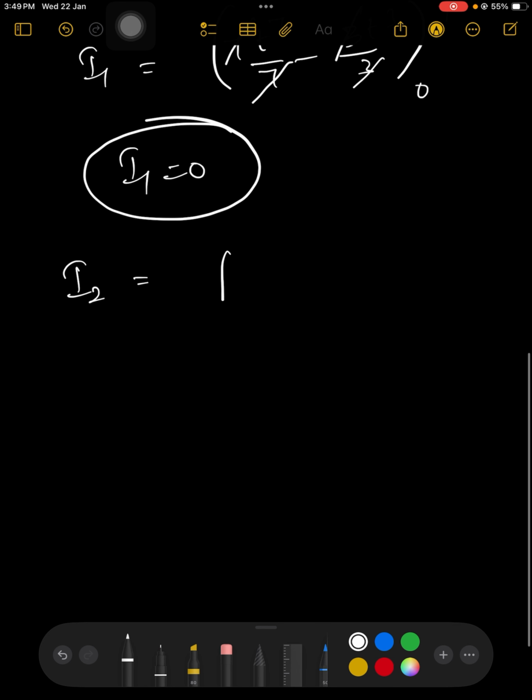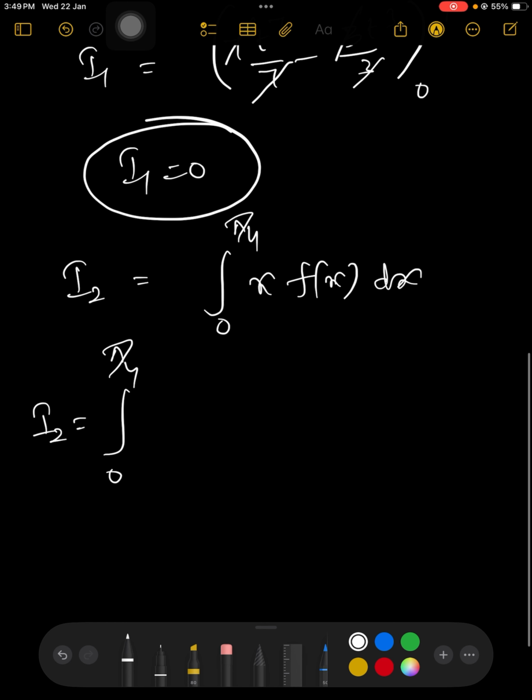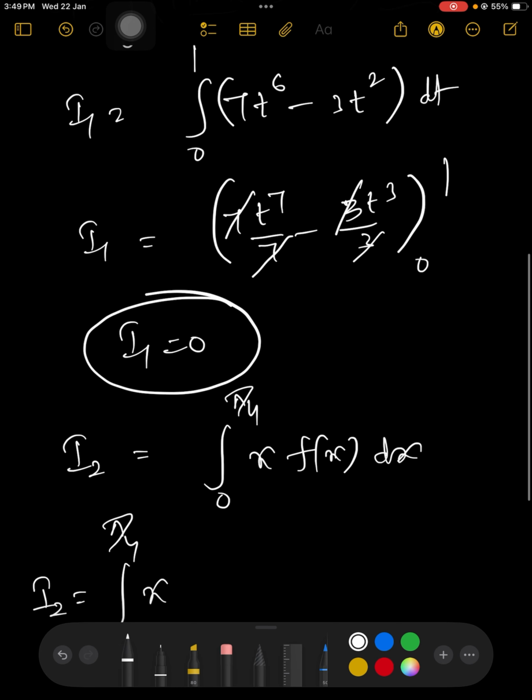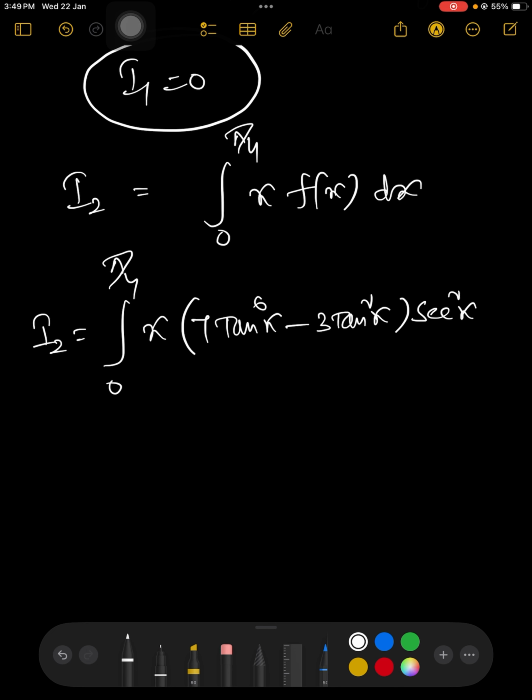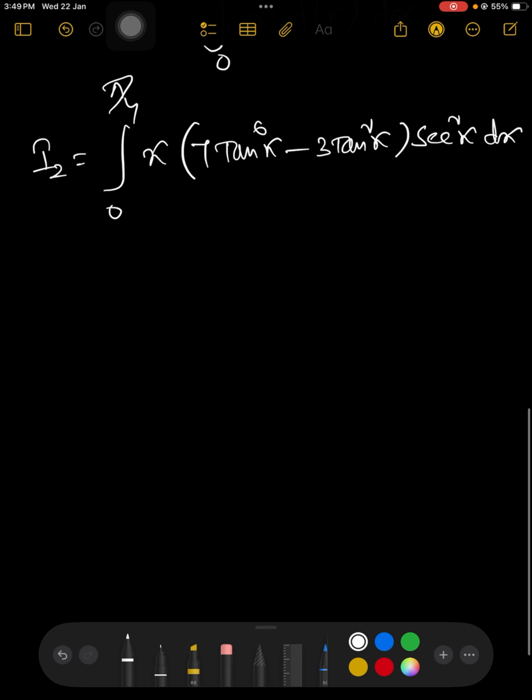Now coming to I2, that is the integration of 0 to pi by 4 of x times f of x, whole dx, so I2 equals the integration of 0 to pi by 4 of x into 7 tan power 6x minus 3 tan square x into secant square x, whole dx. Now it is under the by parts rule, anyway it is trigonometric and algebraic.